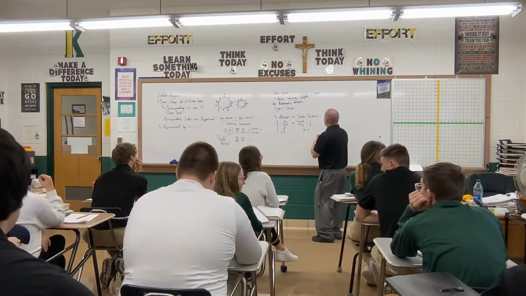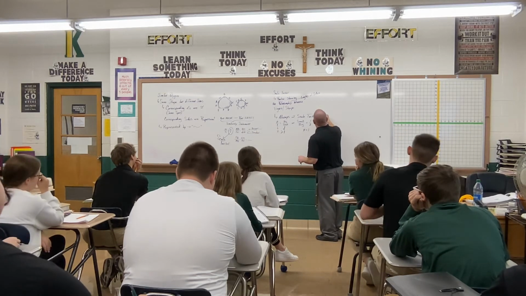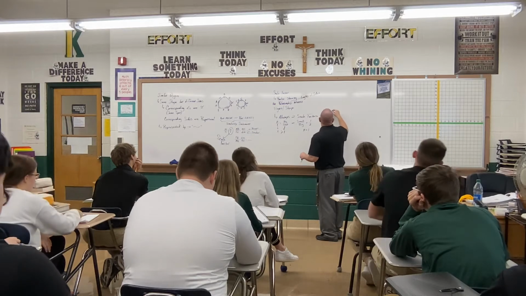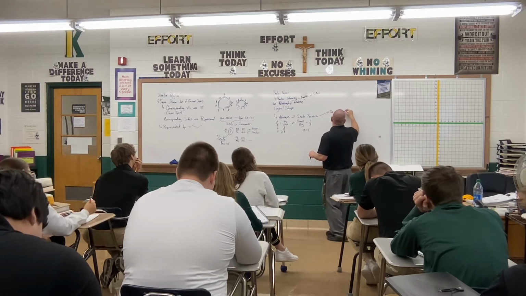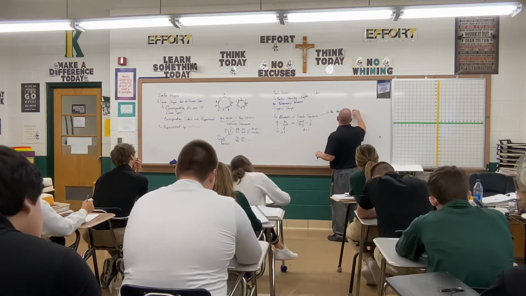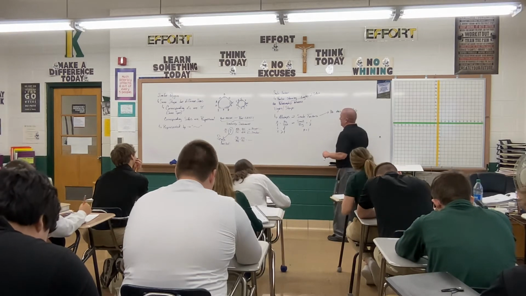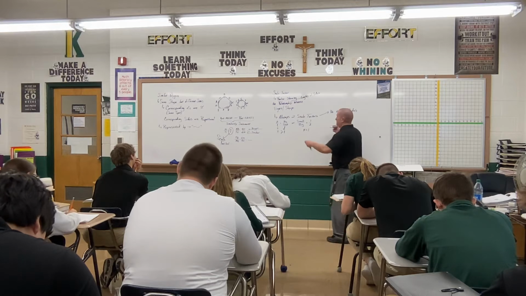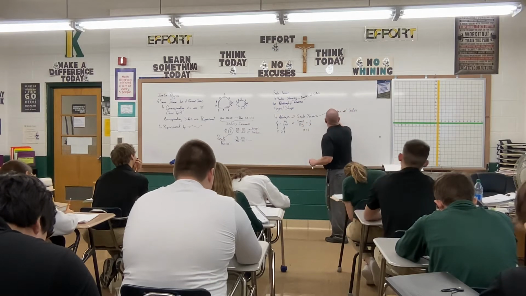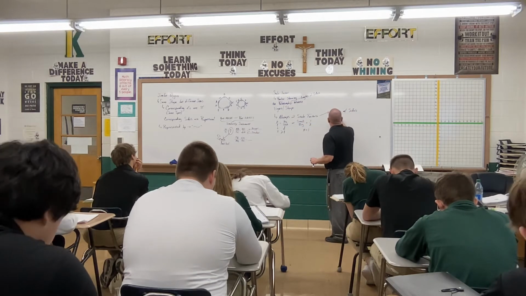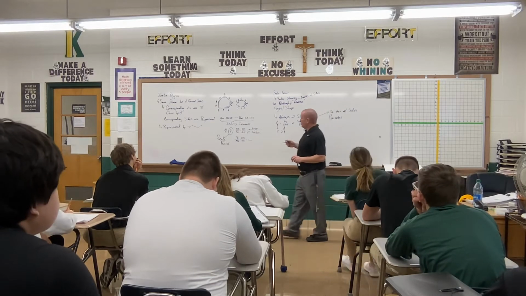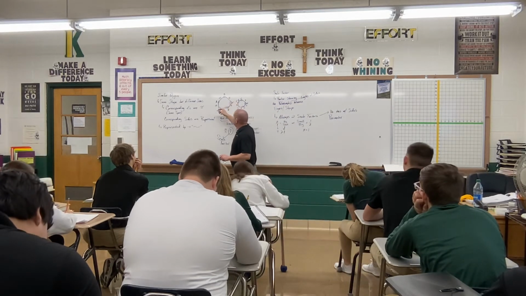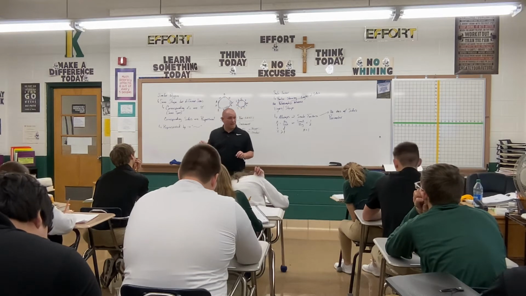So when you talk about scale factors, you basically can do this with a lot of things. You can do this with the sides, just in normal, everyday figures. You can do this with perimeters. If you think about a perimeter, we're just talking about all the way around the outside, right?